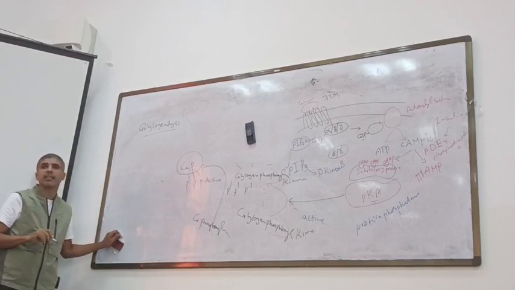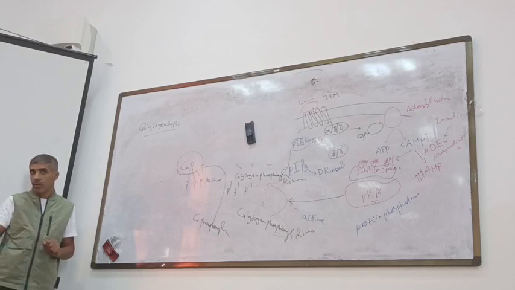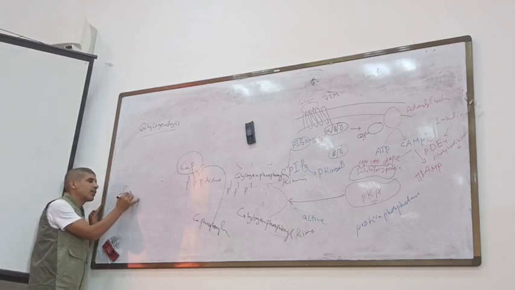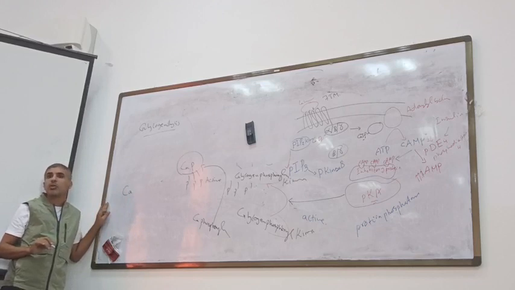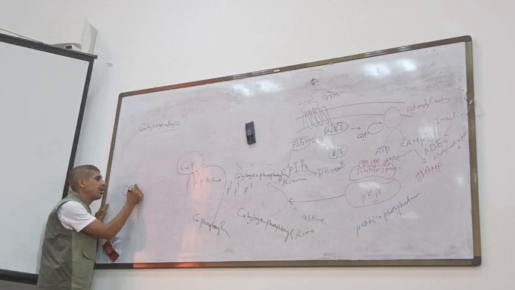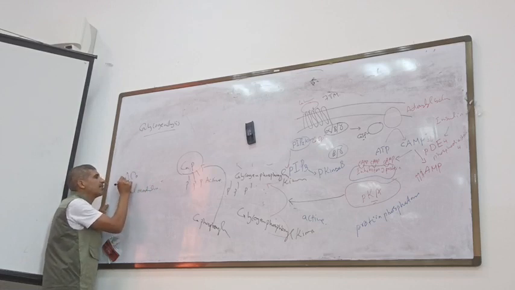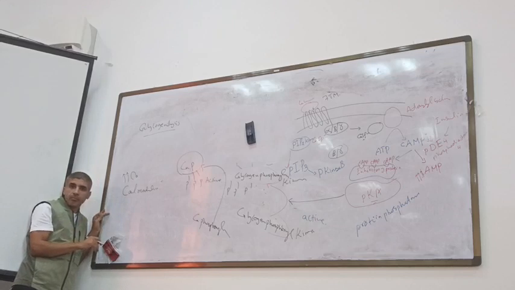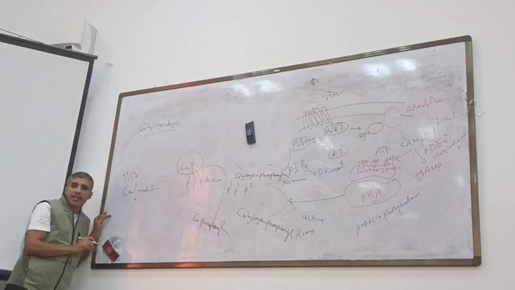Also, calcium can activate the catabolism of glycogen. How? We have in our cytoplasm a protein which can be modulated by calcium: calmodulin. When calcium is elevated in the cytoplasm, it binds with calmodulin, so calmodulin is activated by elevation of calcium.